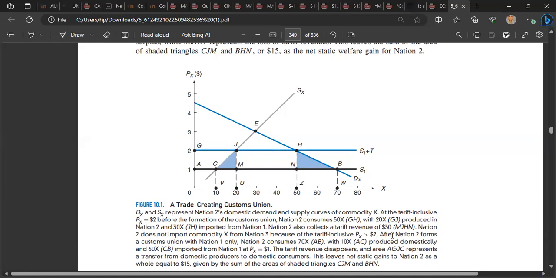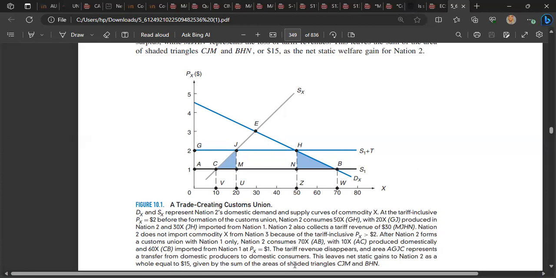Then tariff revenue disappears, and the area represents the transfer from domestic producers to the domestic consumers. This leaves a net gain for the whole, equal to 15, given by the sum of the shaded triangles.